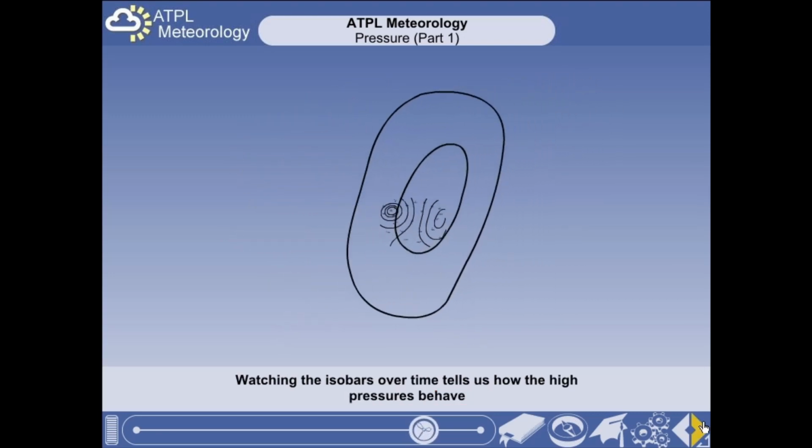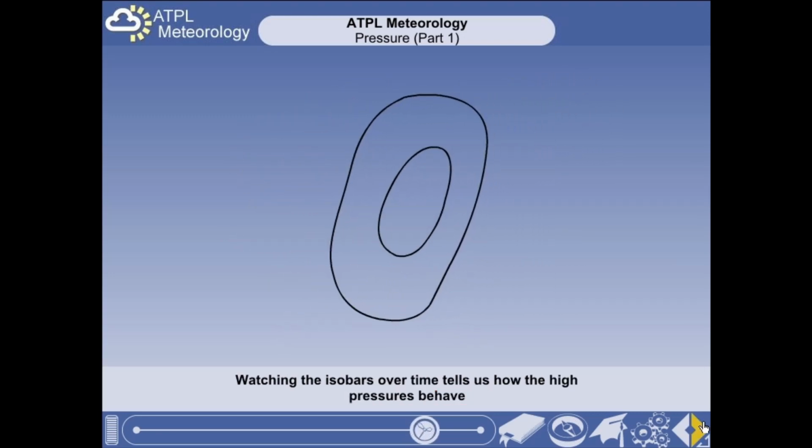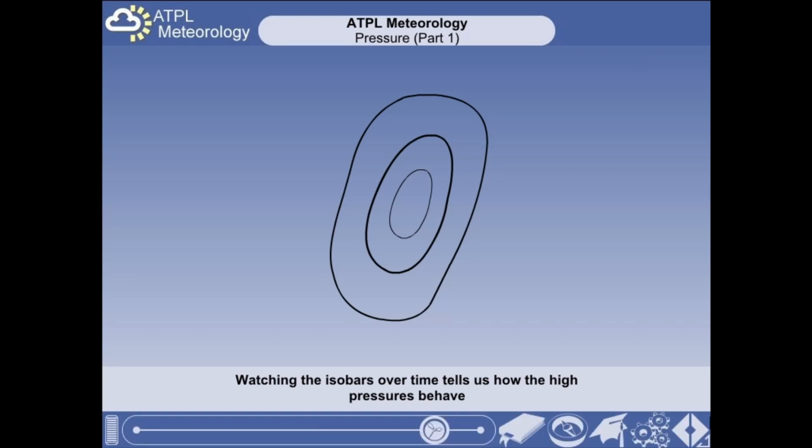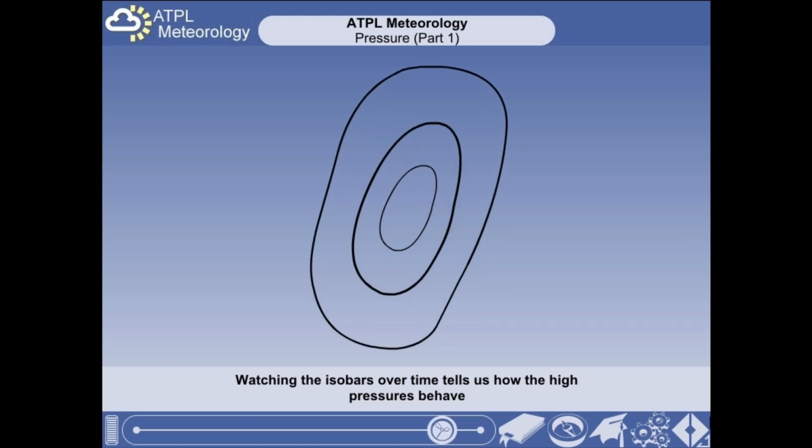By watching the isobars, we can see over time how high pressures can change. New concentric higher-value isobars developing in the center of the high indicate the high pressure is intensifying. If the isobars around the high were moving outwards, we could see the high pressure is growing.